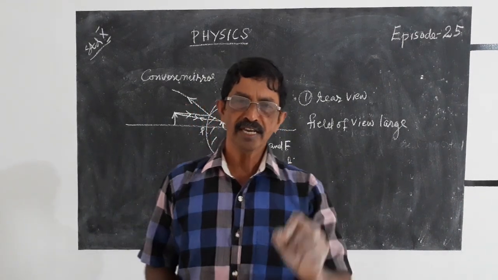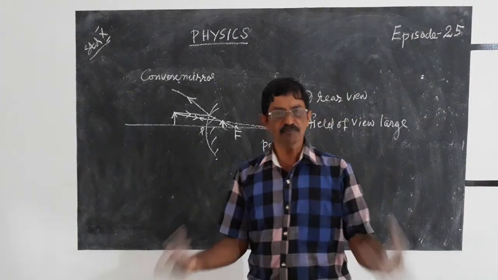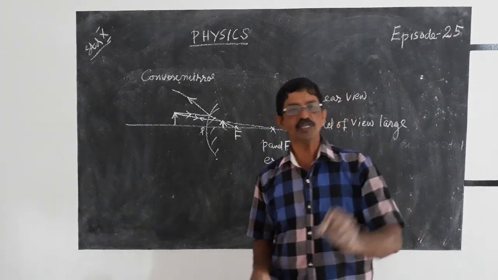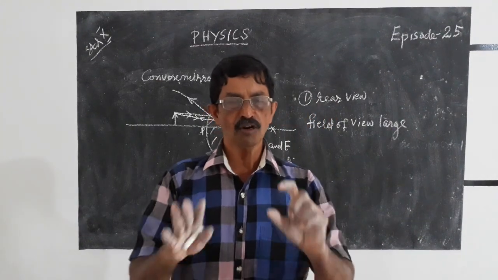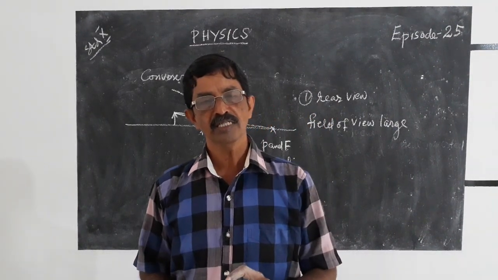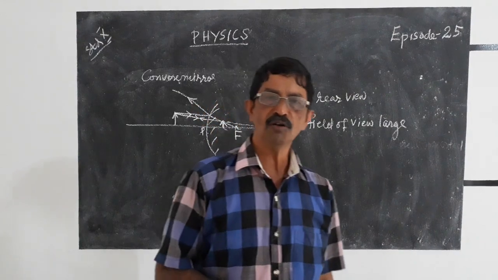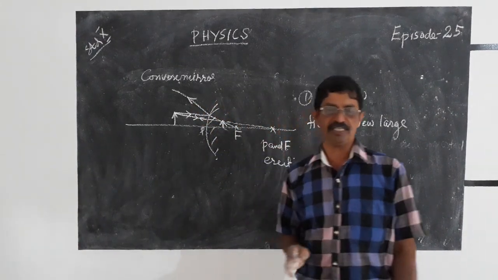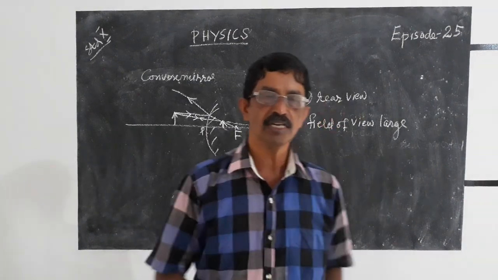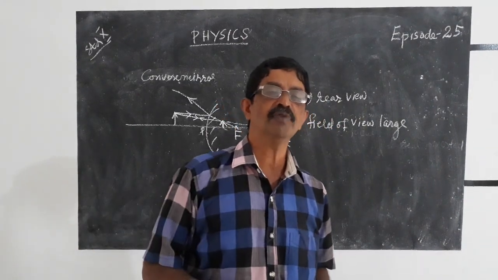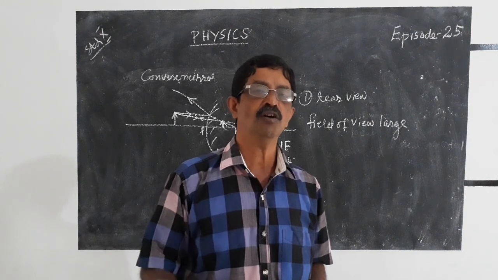To get a full image of any object, we can use a convex mirror. Only a convex mirror can give a full image of a large object. Whether it is near or distant, it will give a full image of the object.